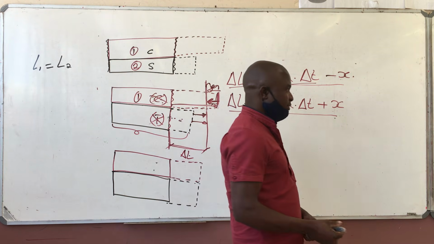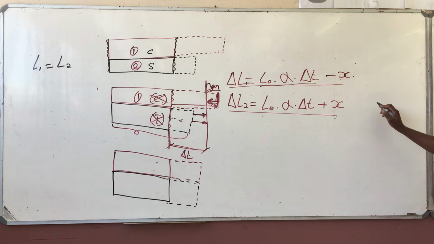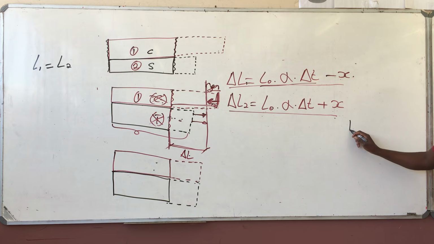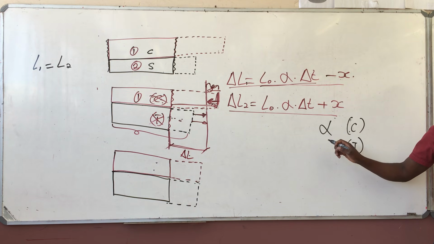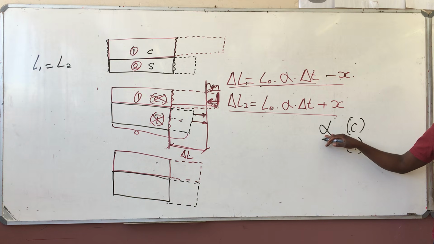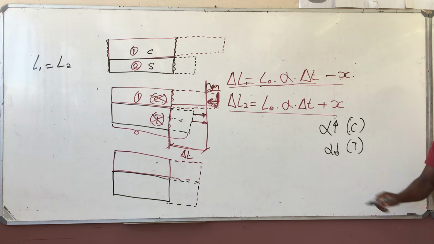So again, for you to know whether the bar will be compressive or tensile, how will you tell? Once the bar has the greater coefficient of expansion, if this one is more and this one is less, then you can tell.